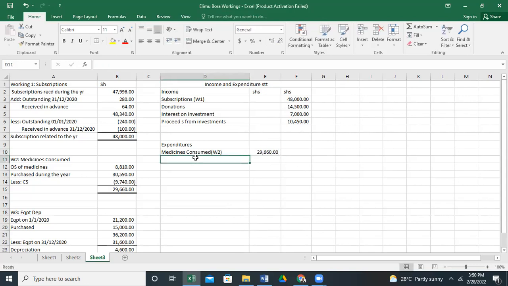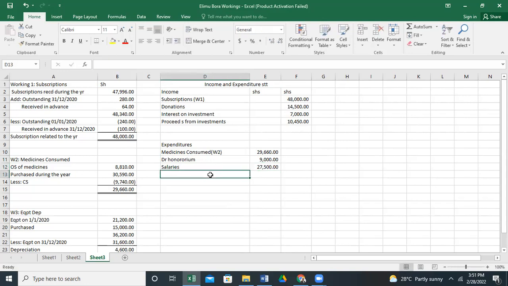medicine consumed. Then from there, the other expenditure is the doctor's honorarium. I say this is the fees the doctors are paid, the 9,000. Then I have salaries for the other employees, and the salaries are 27,500.